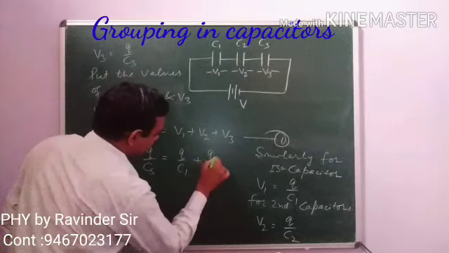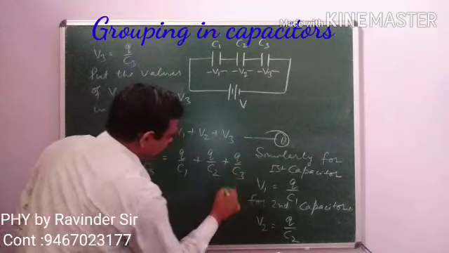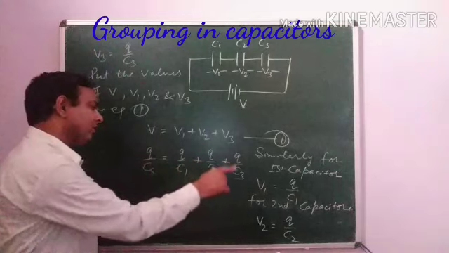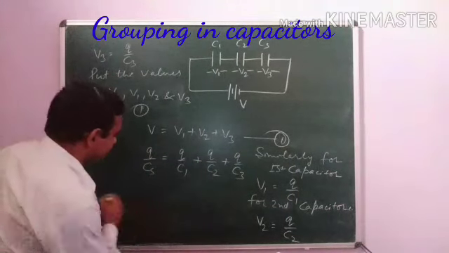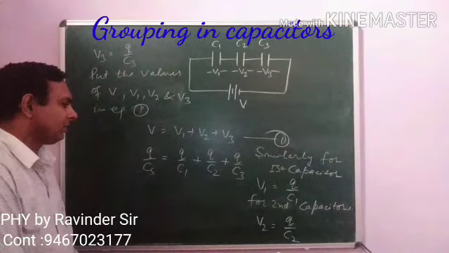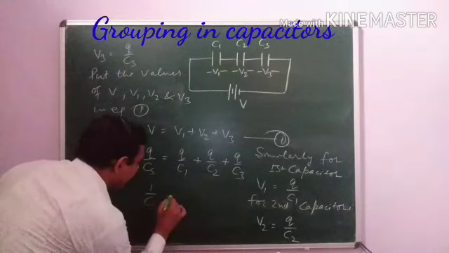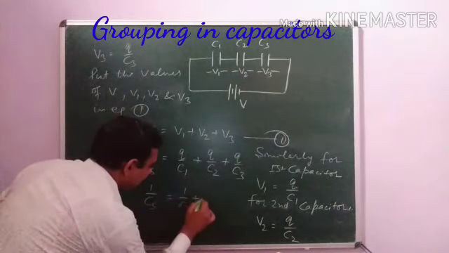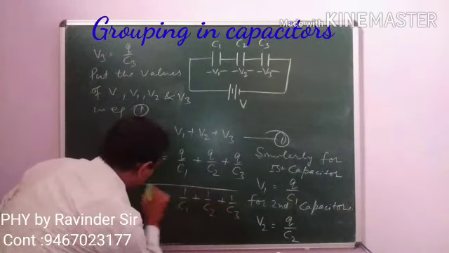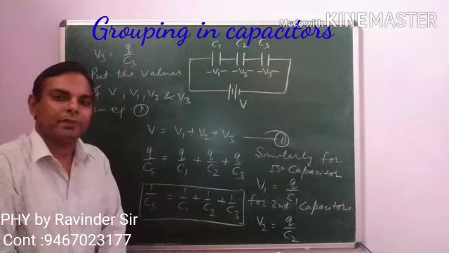For V2, Q by C2. For V3, Q by C3. Here we note that Q is cancelled out throughout. So 1 upon Cs equals 1 upon C1 plus 1 upon C2 plus 1 upon C3. This is the formula for capacitance in series combination in case of three capacitors.